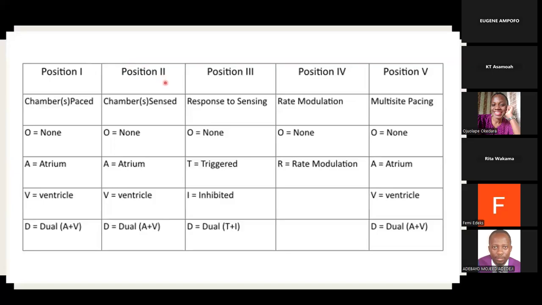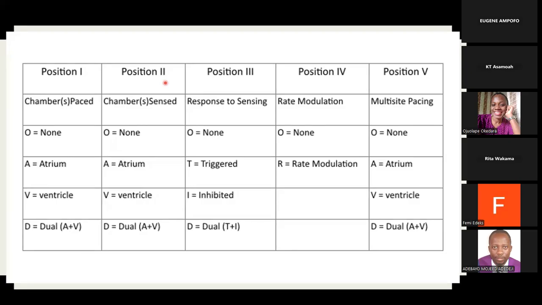Position 2 is the chamber being sensed. If the second letter is an A, you're sensing the atrium. If it's a V, you're sensing the ventricle. If it's D, you're sensing both the ventricle and atrium. After sensing, how should the pacemaker respond? Should it do nothing? Then it's O. Should it trigger capture?